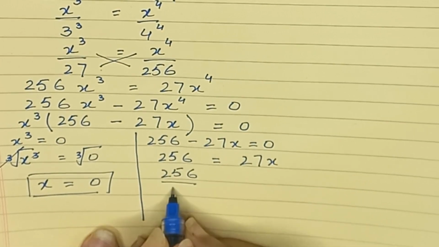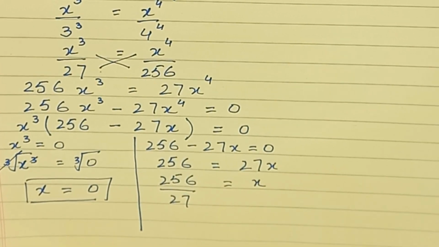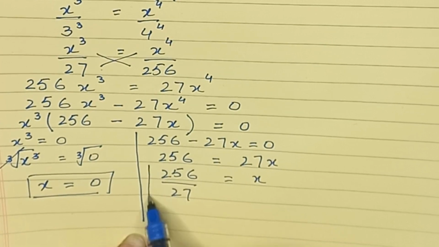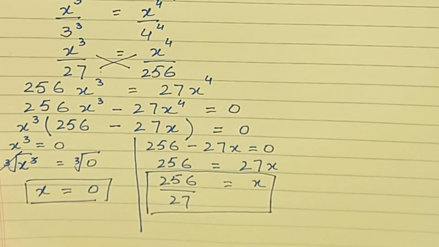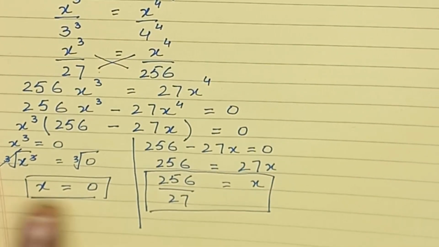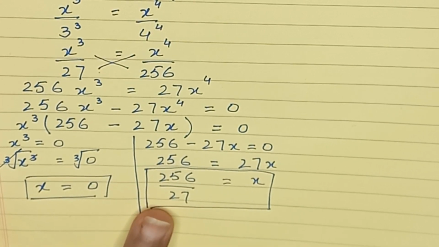Dividing both sides by 27, it will become just x. So from here x is equal to 256 divided by 27. So here we have two values: x is equal to 0 and x is equal to 256 divided by 27.